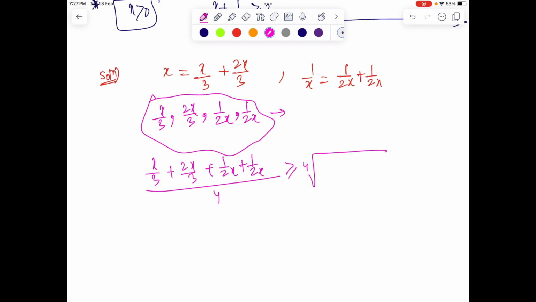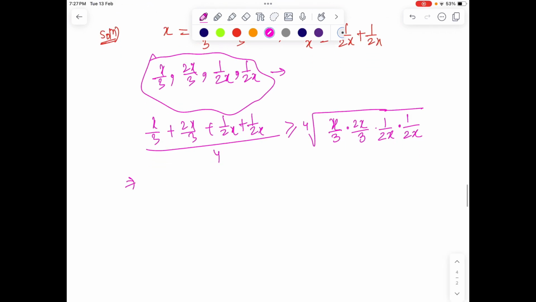So what is the aim? Sum of all divided by 4 is greater than or equal to the 4th root of their product.